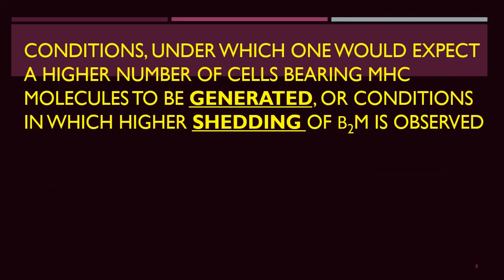Consider the conditions under which one would expect a higher number of cells pairing MHC class molecules to be generated, or conditions in which higher shedding of beta-2 microglobulin is observed.